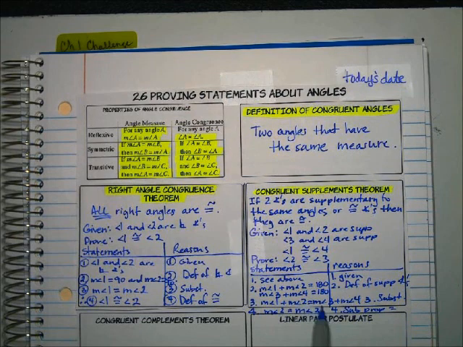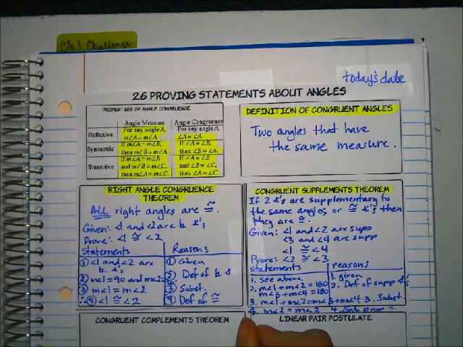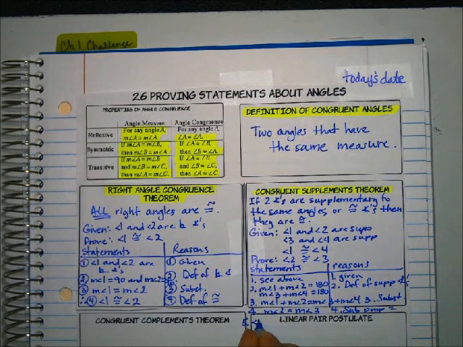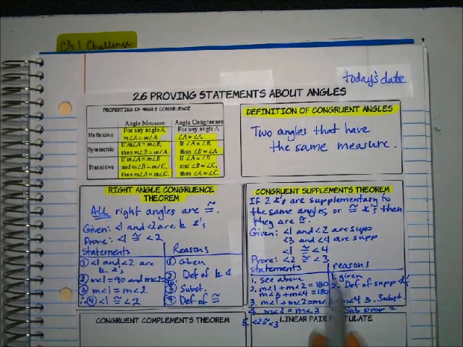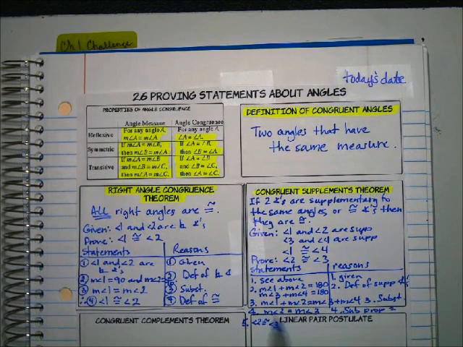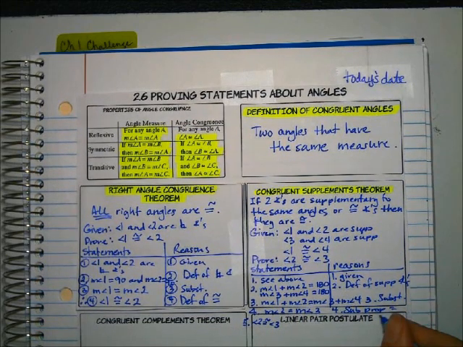And then we have 2 is equal to 3. Now, this probably should be a step 5 here, and I'm going to run out of room, so I'm going to write it right here, that angle 2 is congruent to angle 3. Okay, because you remember, we're trying to prove the congruence, not that their measures are equal. So we really need to add that last statement, and then that would be definition of congruence.